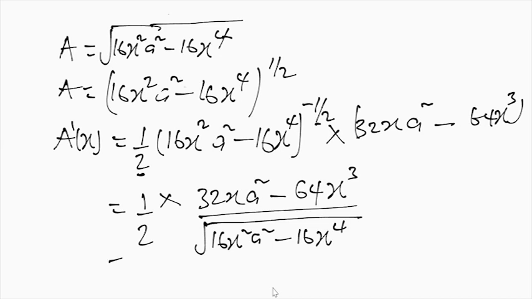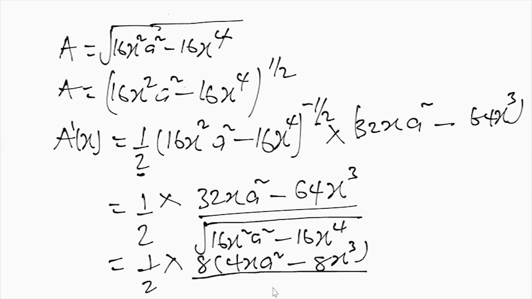This will give us 1 over 2 multiplied by, let's factorize 8 out, so we have 8 into 4x a squared minus x cubed, divided by, we can bring 16 out here, the square root of 16 into x squared a squared minus x to the power 4.